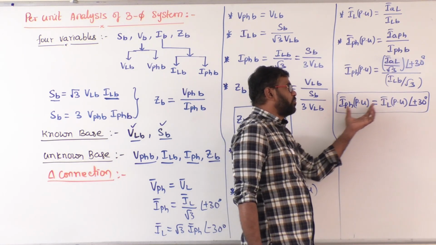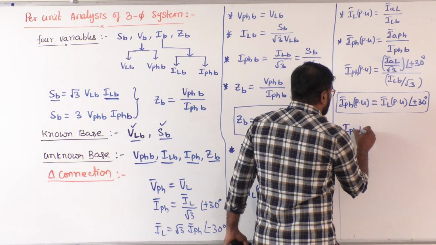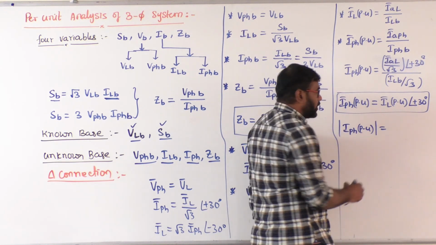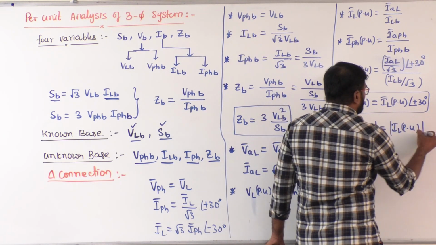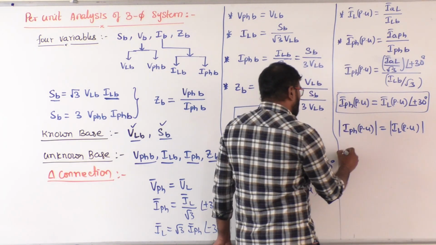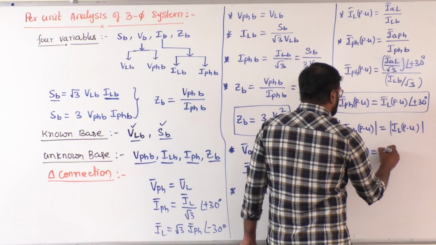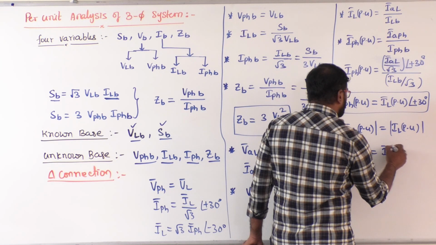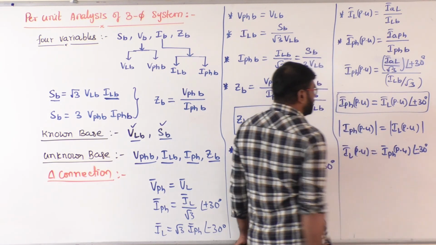The magnitude of the phase current per unit equals the magnitude of the line current per unit. Otherwise, we can write the line current in per unit equals the phase current in per unit, but at an angle minus 30 degrees.